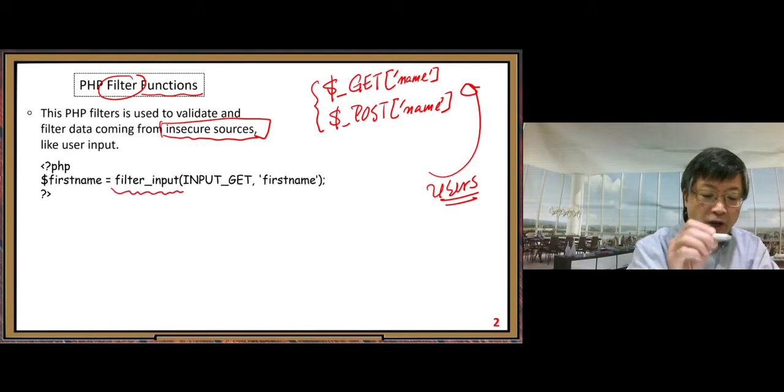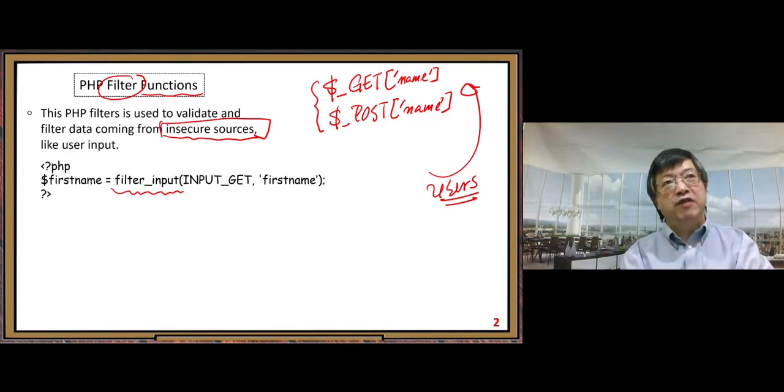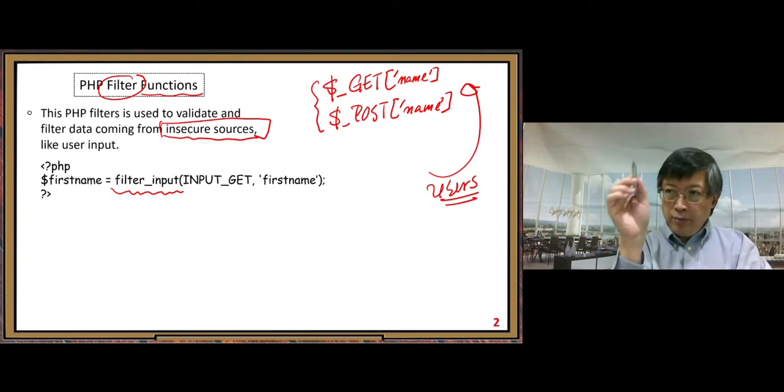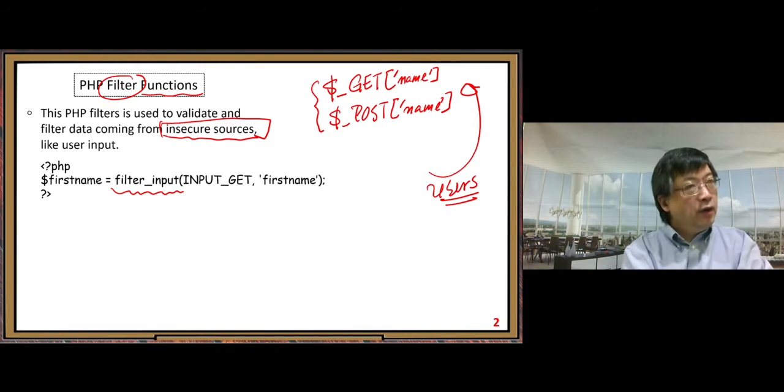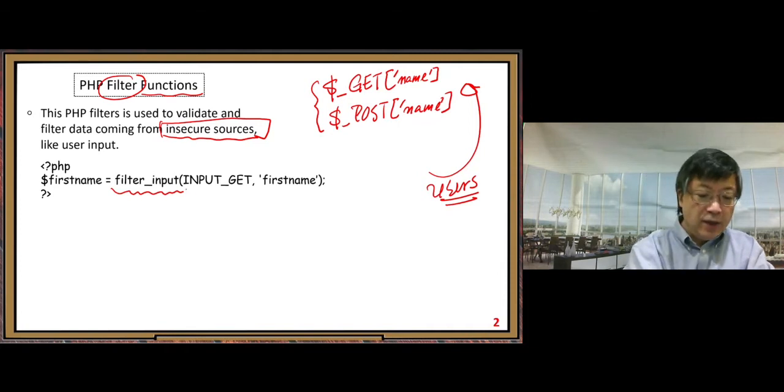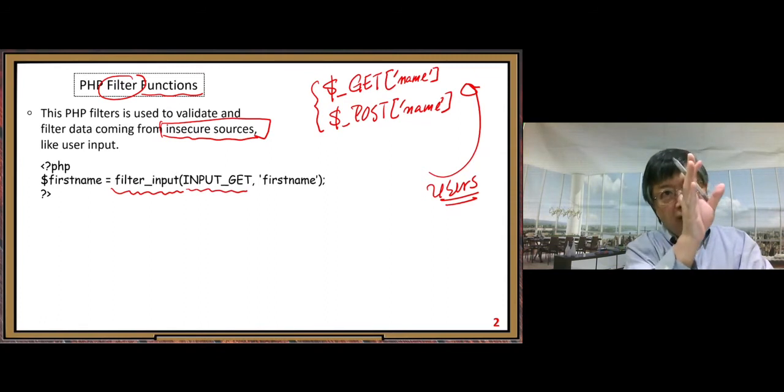Filter underscore input. That's the filter function. What to filter? Which part you want to do the filtering? Input underscore get: the GET superglobal variable values.